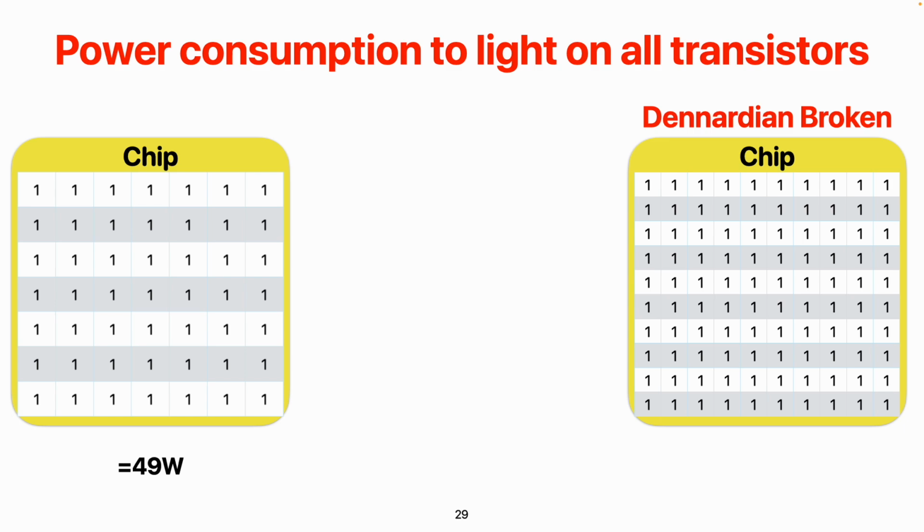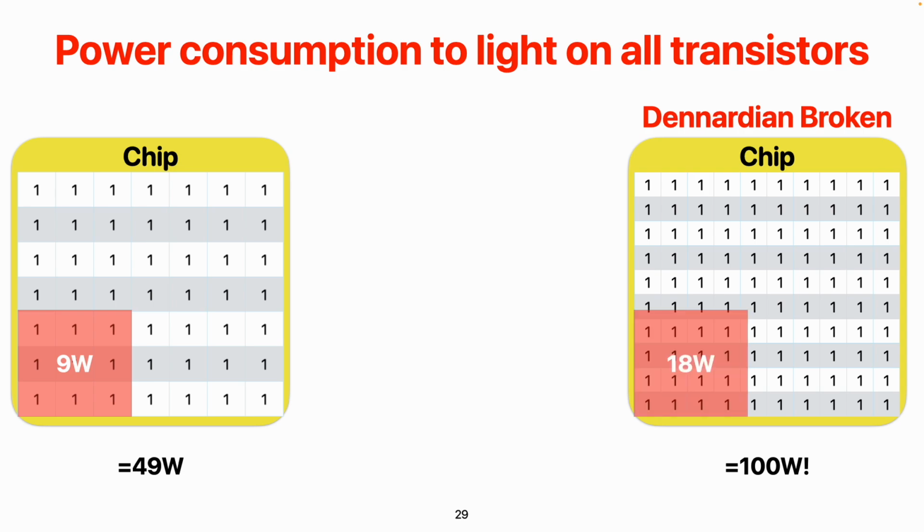Then you can consider the fact that we are going to have twice the amount of transistors, for example, 100, and each transistor still costs 1 watt of power. So it turns out that we are going to consume twice the amount of power, right? And if you look at a square like this one, within the same area we are also consuming twice the amount of power, which means that the density goes up, right?